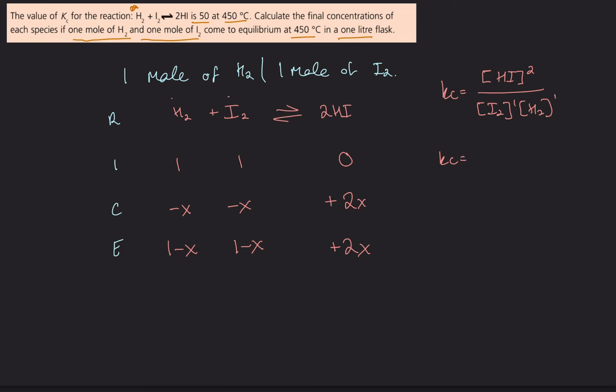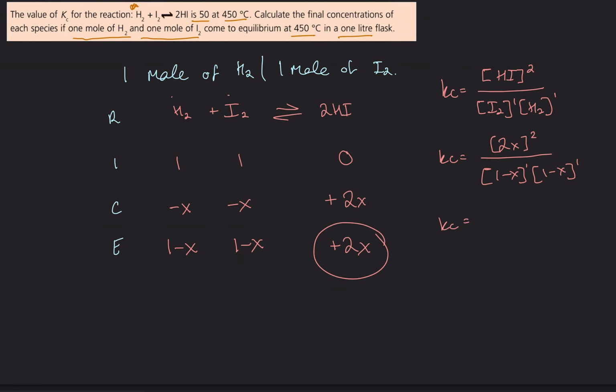So put that in, Kc, and we see that the concentration at equilibrium for hydrogen iodide is 2x. And we're just going to square it. And the other two are 1 minus x to the power of 1, 1 minus x to the power of 1. Okay, we'll just simplify that down a tiny bit. 4x squared, and then 1 minus x times 1 minus x will end up to be 1 minus 2x plus x squared.